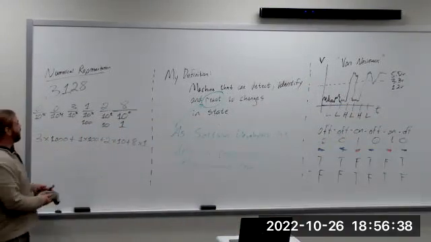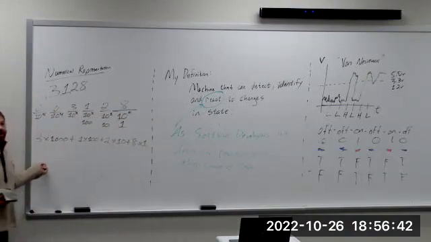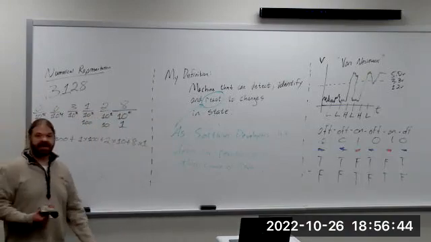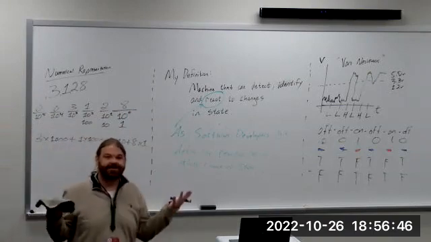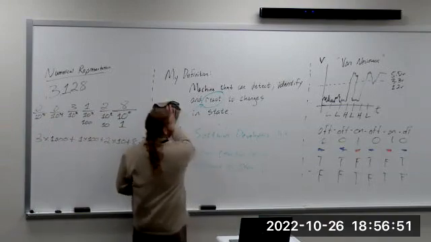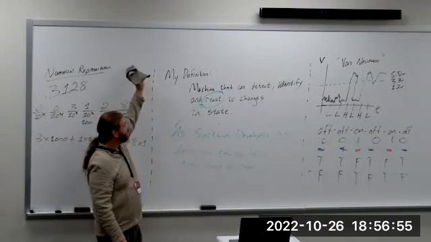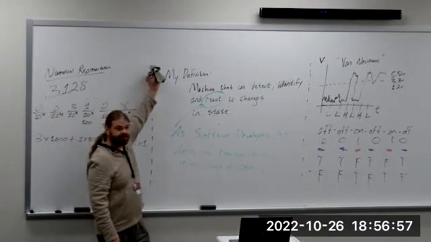We need a different number. And there is nothing special about 10. The only thing special about 10 is that we have 10 fingers, so that's a good number for humans to work with. I'll do a different one real quick on the way to the one we're going to. It's okay if I erase the middle section?